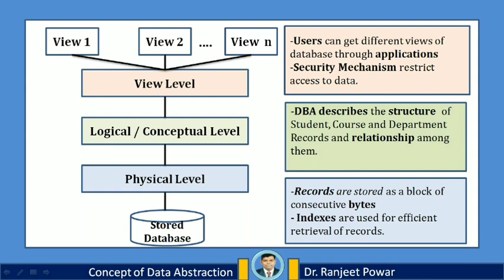They cannot access information about salaries of the teachers. So in this way, the database or DBMS hides some details of information for users. So this is all about data abstraction and levels of data abstraction in DBMS.